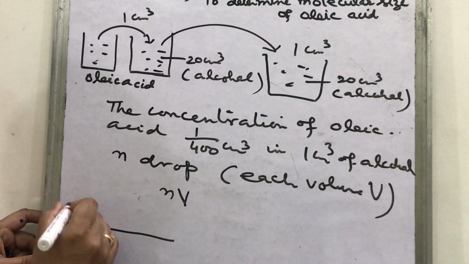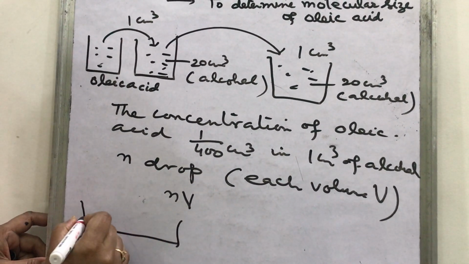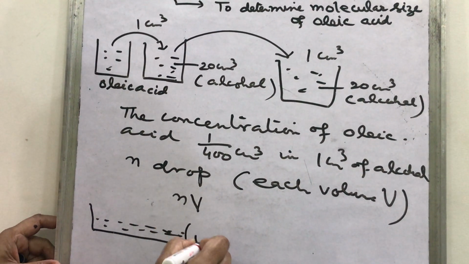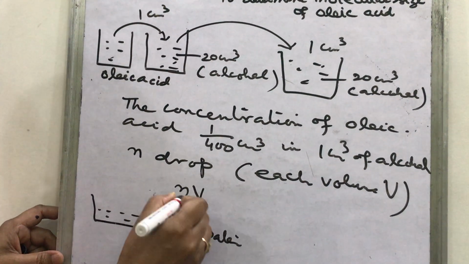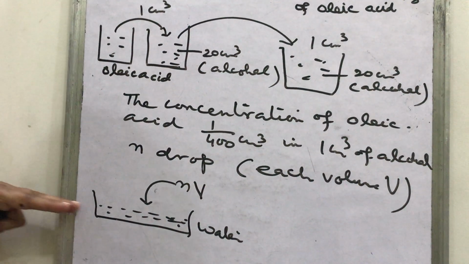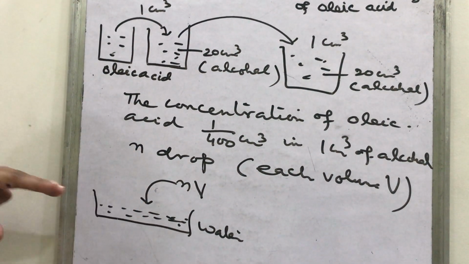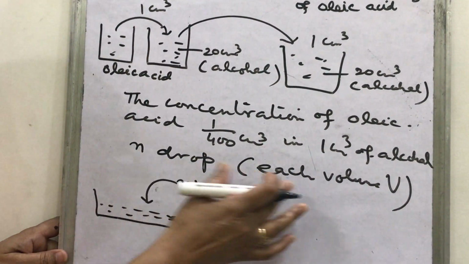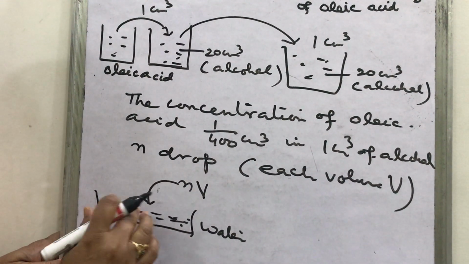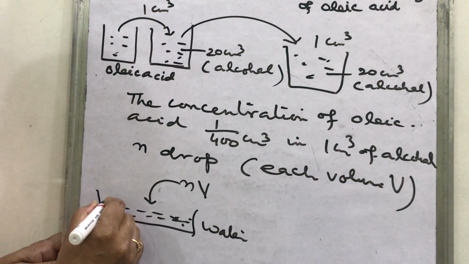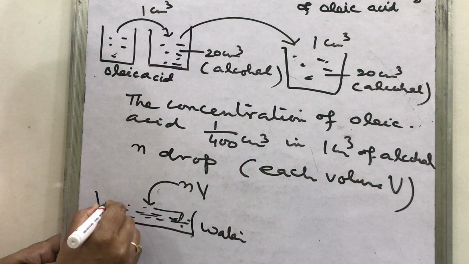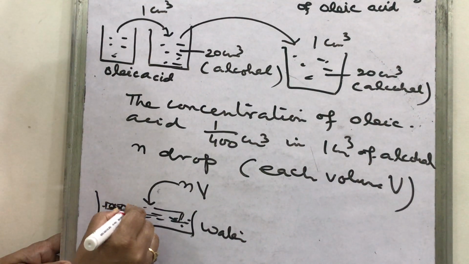Water is taken in a broader container like this. So, this is water, and at the water surface these n drops of such solution are poured here. What is observed is that alcohol is volatile, so it evaporates, and a thick soapy film of molecules is left.